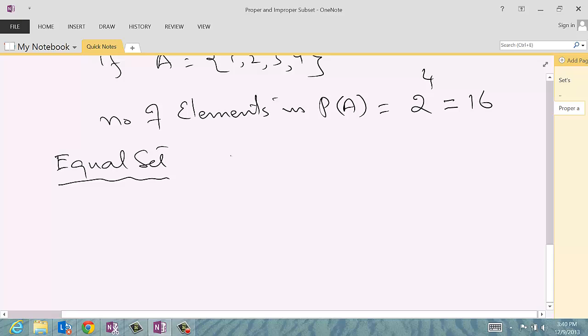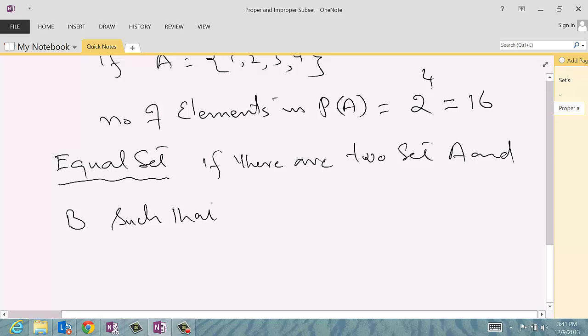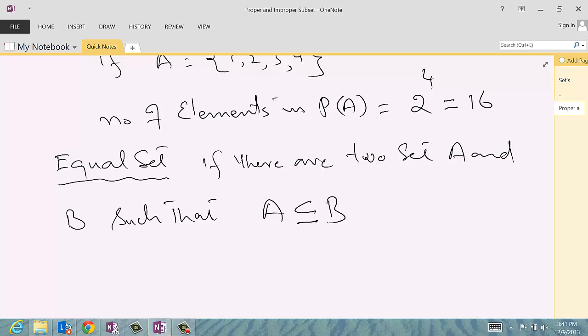Let's suppose that there are 2 sets, A and B, such that A is a subset of B, which essentially means that every element of set A is also an element of set B. Like all the elements of set A are also elements of set B.